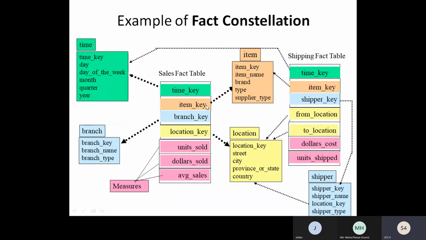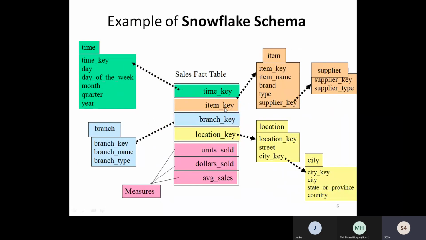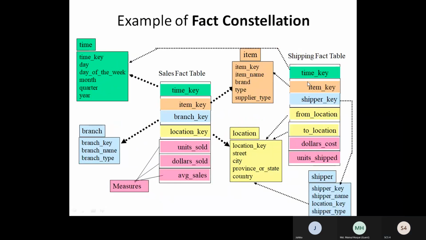Suppose from the item key we have the item table, but again this another table is connected to the time table, again to the item table. यहाँ ऐसा नहीं है स्नोफ्लैक की तरह कि आप एक से कनेक्ट करके वो दूसरे से कनेक्ट हो रहा है. यहाँ कुछ भी हो रहा है. कुछ भी हो रहा है मतलब आपका क्या हो रहा है? एक गैलेक्सी टाइप का स्ट्रक्चर फ्रेम कर रहा है. मतलब एक दूसरे से सभी कनेक्टेड हो रहा है, और you can say mesh connected.